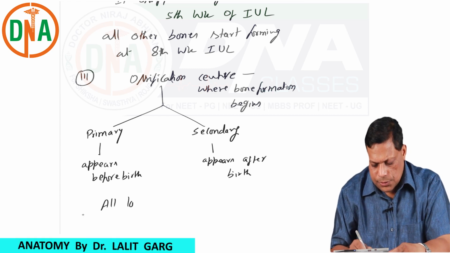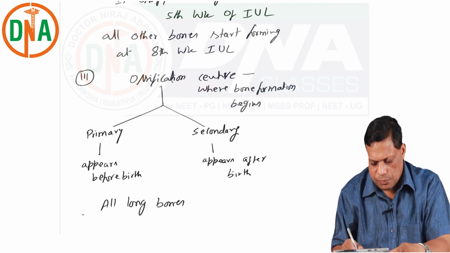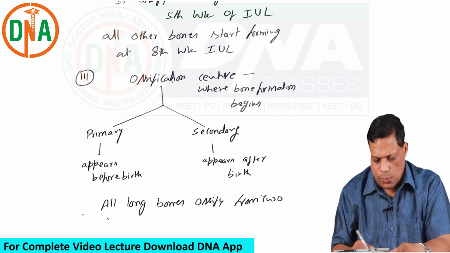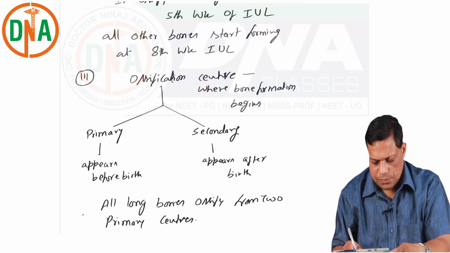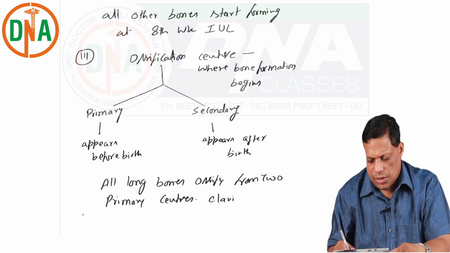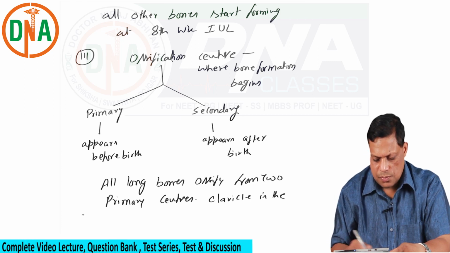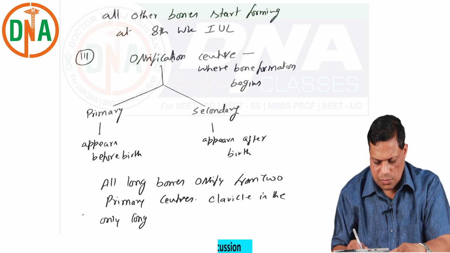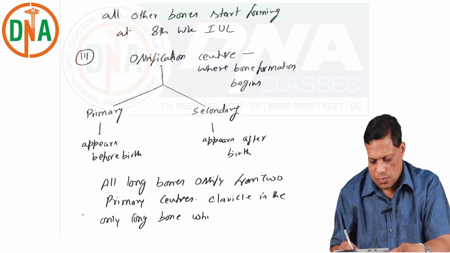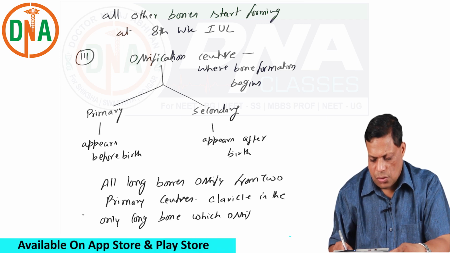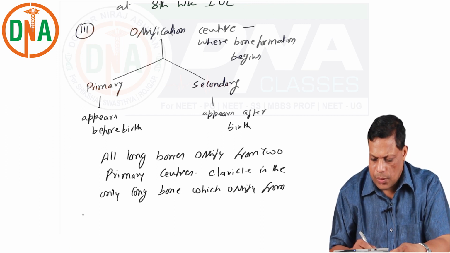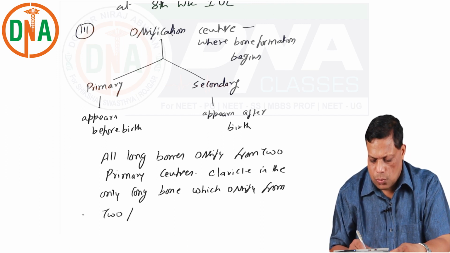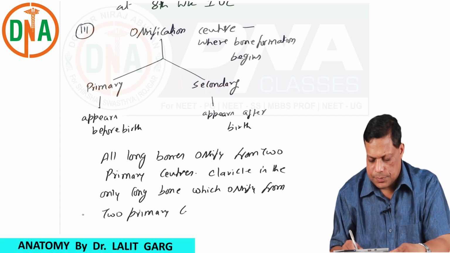All long bones ossify from two primary centers. Clavicle is the only long bone which ossifies from two primary centers.